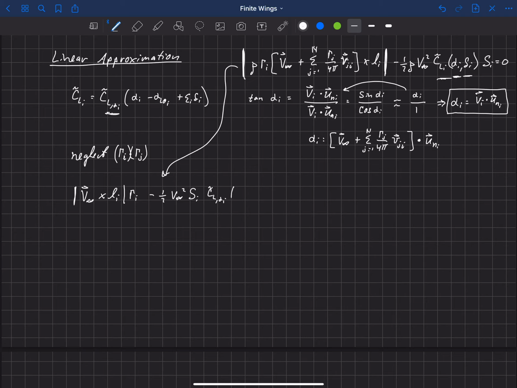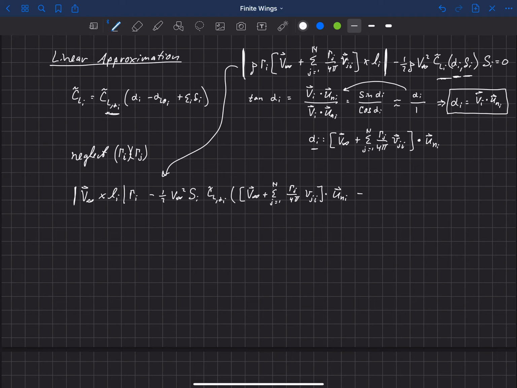Then multiplied by alpha I, and I'm going to plug in this alpha I here, which is v infinity plus the summation from j equals 1 to n of gamma j over 4 pi times vji dotted with uni.